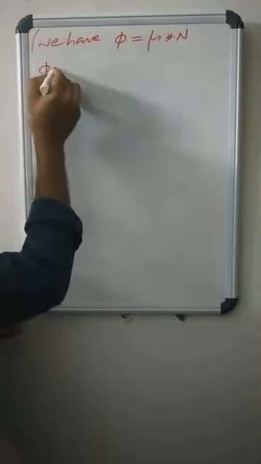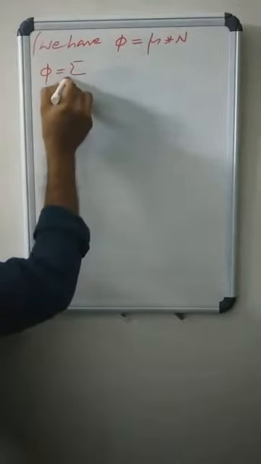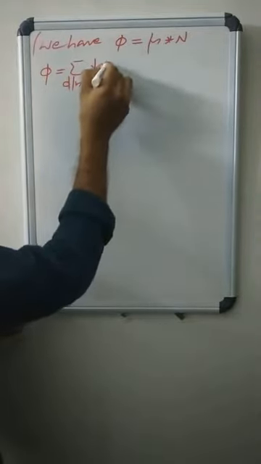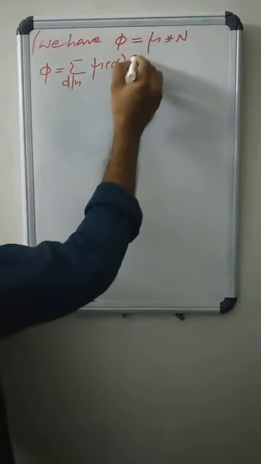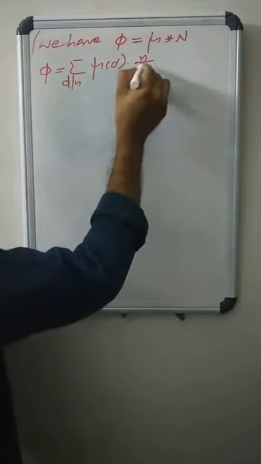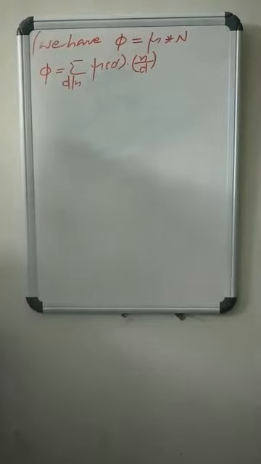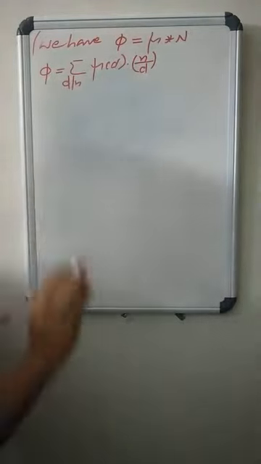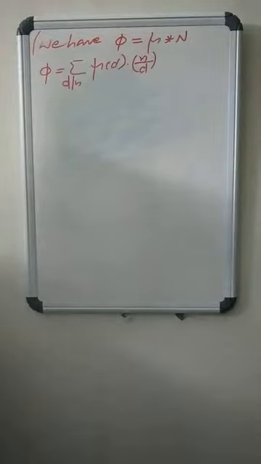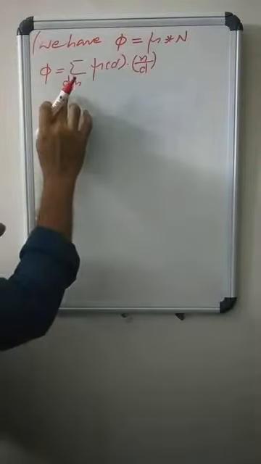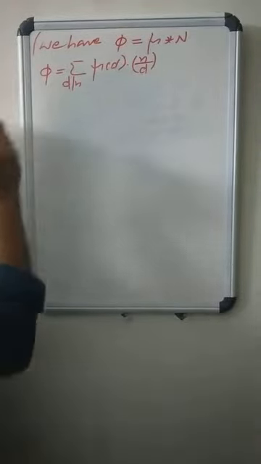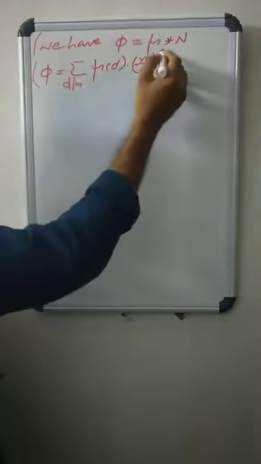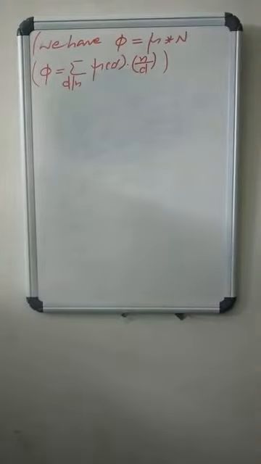Phi equals the sum over d dividing n of mu of d times N of n by d, that is, mu of d times n by d. So phi is mu star N.